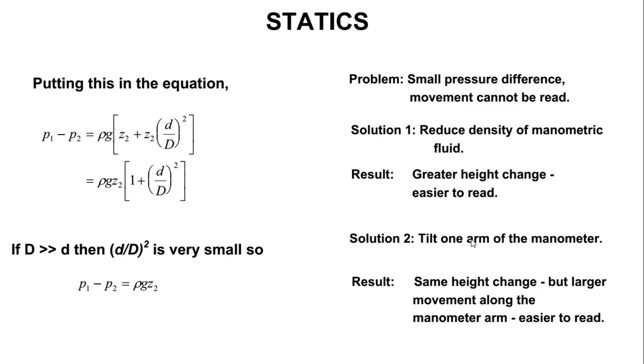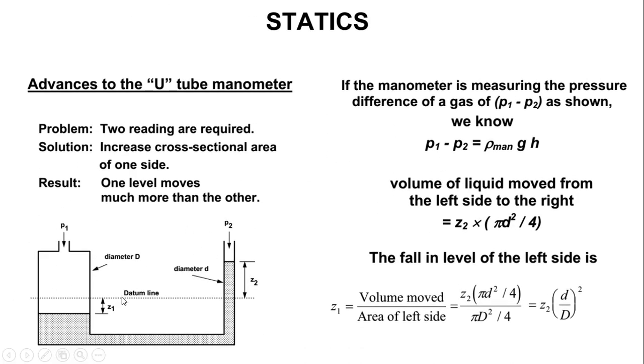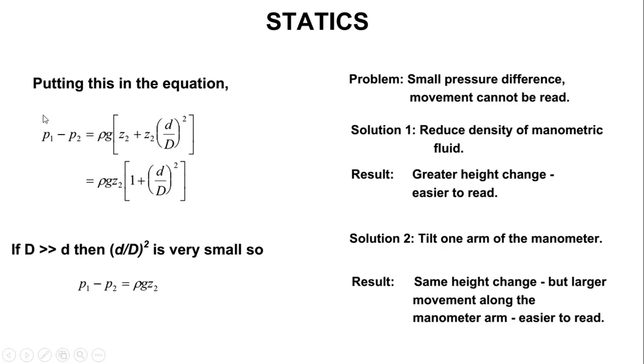Pressure at this point should be equal to pressure at this point. Then from there, we can get our equation as P1 minus P2 is equal to rho G Z2 plus Z2, open bracket, small d over capital D squared, close bracket. Okay.